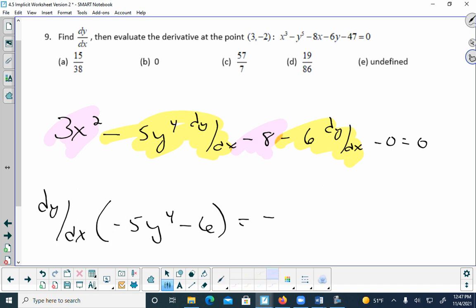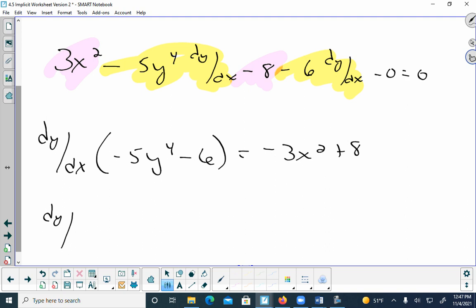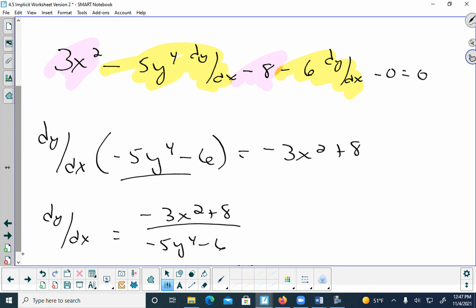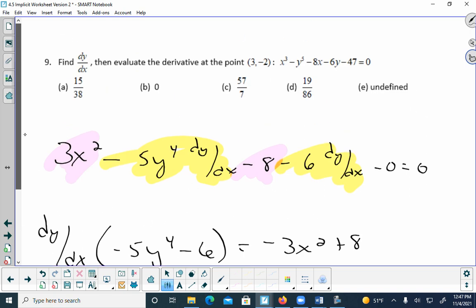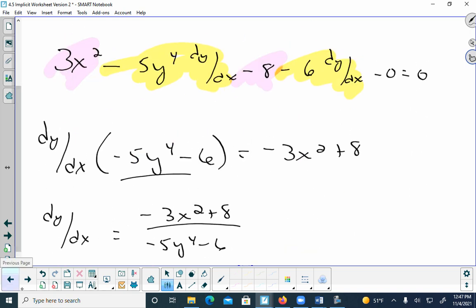So I'm going to have negative 3x squared plus 8. So to find dy/dx, I'm dividing, forgot to divide. That's going to equal, and I divide by that, negative 3x squared plus 8 divided by negative 5y to the fourth minus 6. So that's my derivative, and now I want to evaluate at the point 3, negative 2.